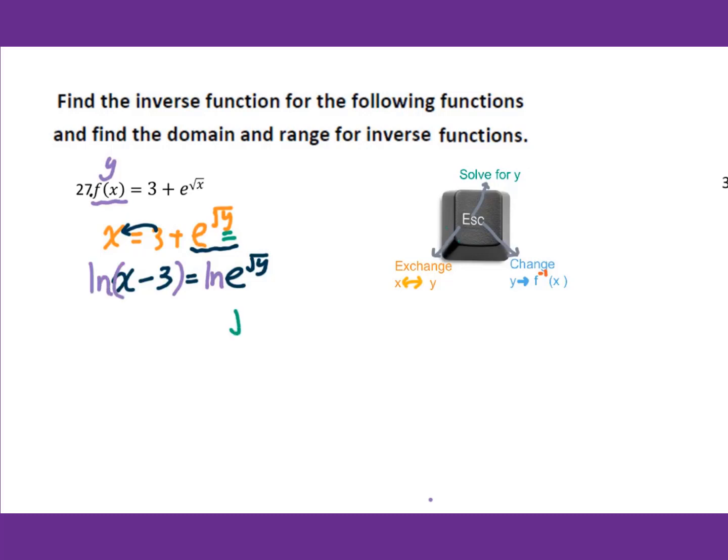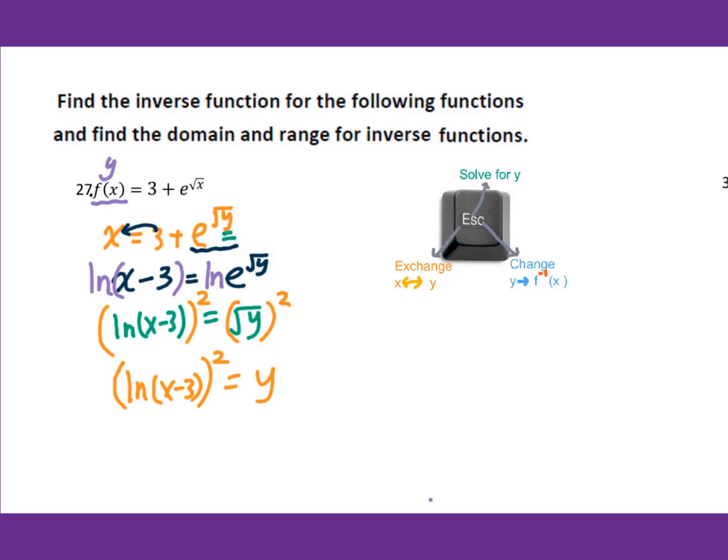You will get square root of y equals natural log of x minus 3. Then we square both sides to get the y. y equals natural log of x minus 3, squared.